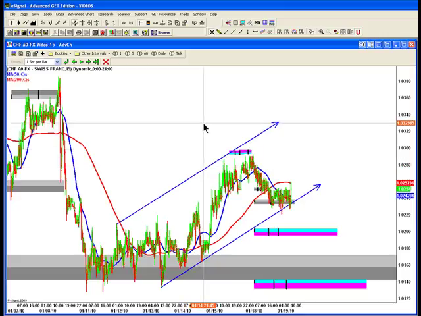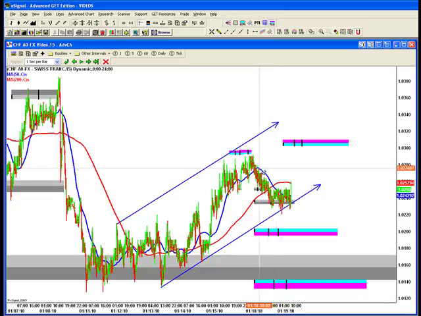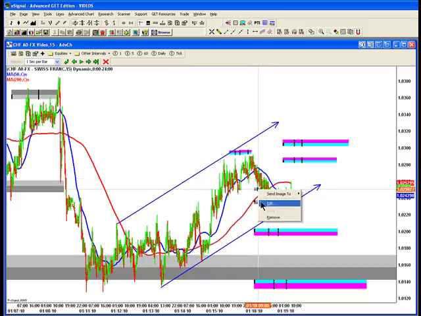Let's first define the resistance levels. Of course, we should have one up here. Definitely there are some on the way to the top, not this one.